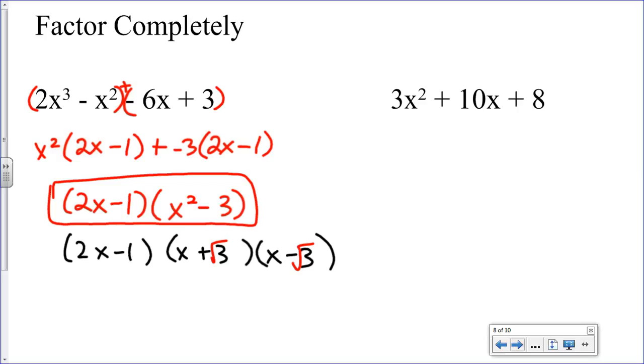Okay, look at the next one. This is a trinomial. It's quadratic. Is there a common factor to take out? No. So we'll just check our two parentheses. Guess and check, which is FOIL backwards.